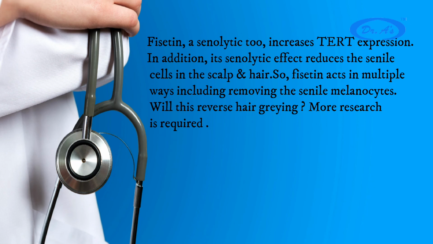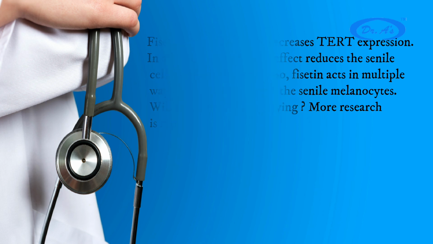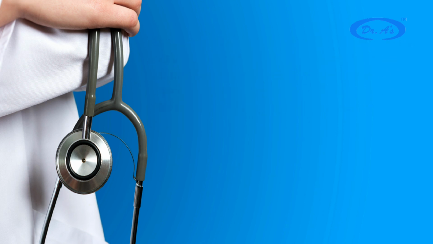In addition, its senolytic effect reduces the senile cells in scalp and hair. So fisetin acts in multiple ways, including removing the senile melanocytes. Will this reverse hair graying? Removing of the senile melanocytes, will it reverse hair graying? More research is required to confirm this.